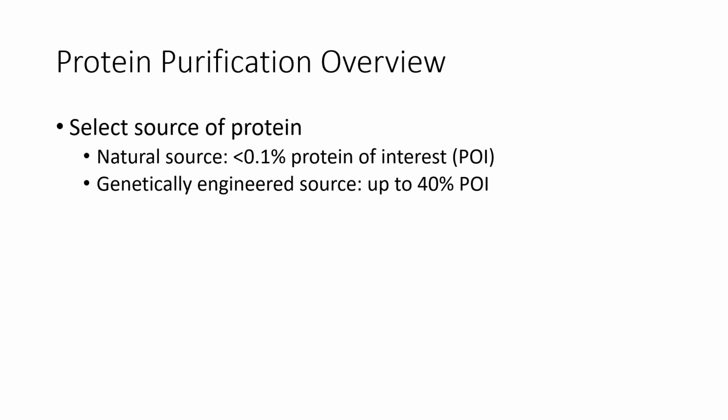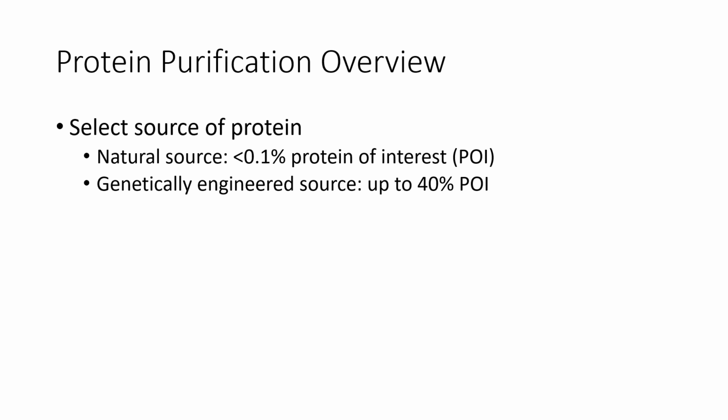Another method that's often used in the lab is using a genetically engineered source of protein. So for example, you can use a specialized expression strain of E. coli to specifically grow your protein of interest. And that way, when you then lyse open those cells to purify your protein, you can already be starting out with up to 40% of your protein of interest as the whole component of cellular material that you're starting with.